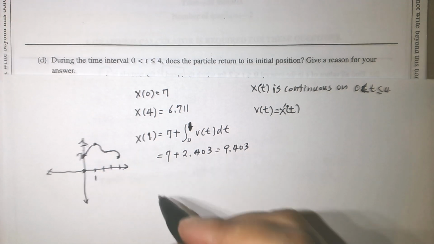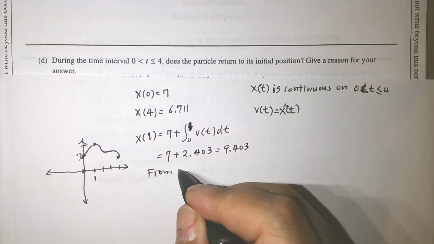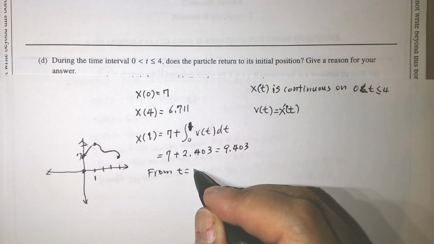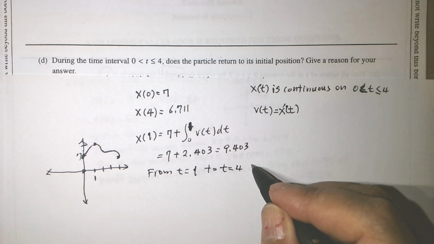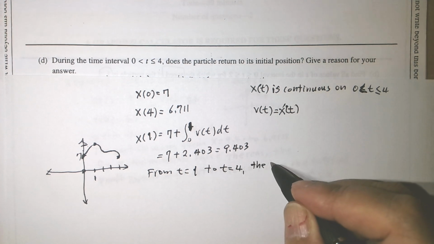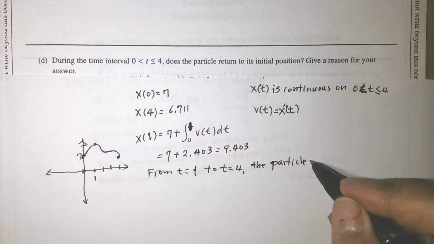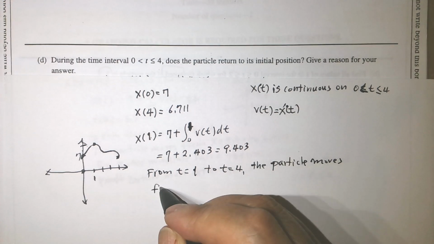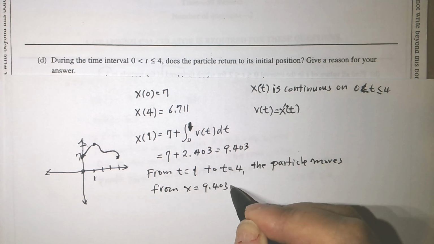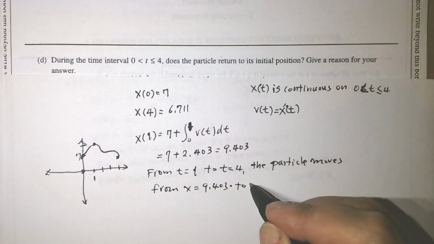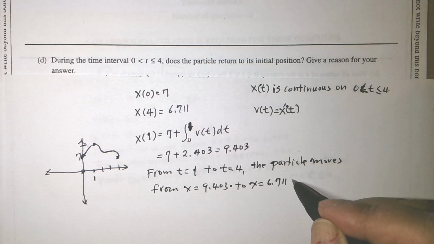Must be. So we will write a statement: from t equals 1 to t equals 4, the particle moves from x equals 9.403 to x equals 6.711.